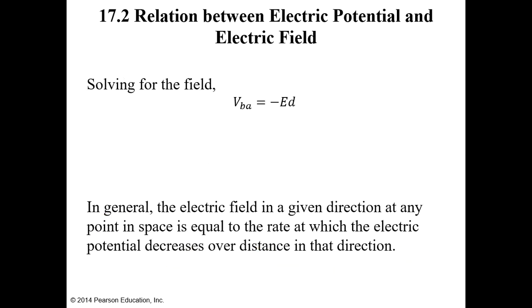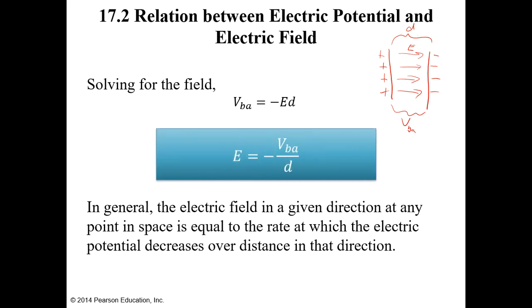Now we can also solve for the electric field knowing a voltage. So if we know a voltage difference, so say we have a parallel plate where there is an electric field between the two plates, and you know the voltage, VBA, then we can find the electric field, assuming we know the distance between the two.